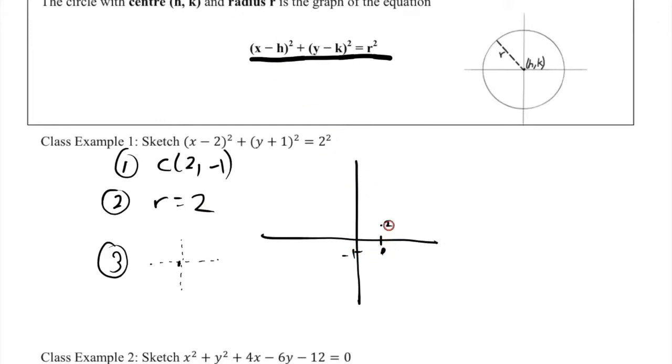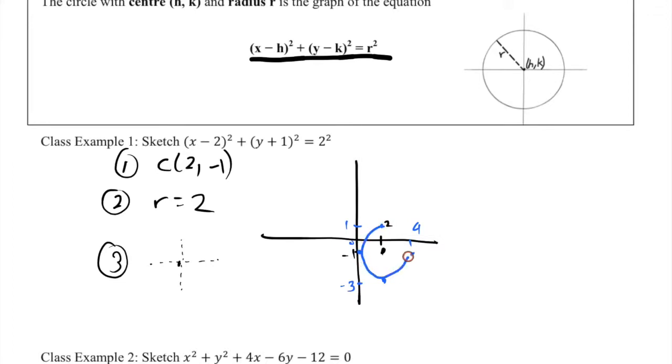Then -1 minus 2 gives us -3. For the horizontal, we have 2 plus 2 is 4, then 2 minus 2 is 0. What this does is it gives us the shape of our circle, so you can easily sketch a circle right here.